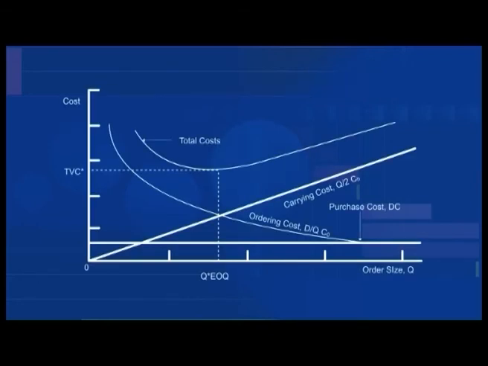The figure here represents the trade-off between inventory carrying cost and ordering cost. The total variable inventory cost is minimum at a value of Q, which appears to be at the point where inventory carrying and ordering costs are equal.